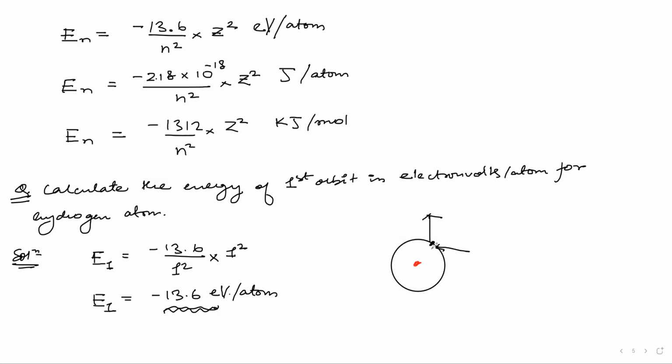Just imagine that there are two persons holding each other's hands, and the strength of that holding is 13.6 electron volts. So how much energy will you want so that you can break that bond, the force of attraction between those two people? Think in that way.